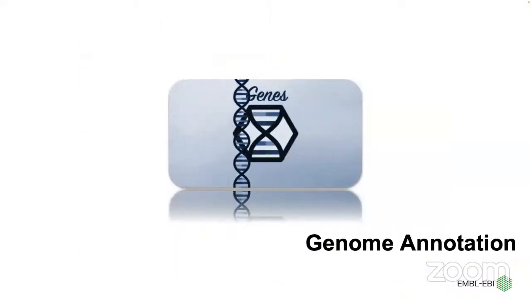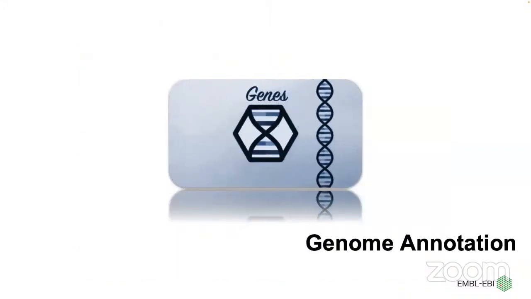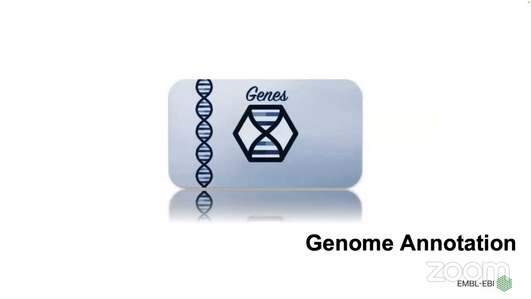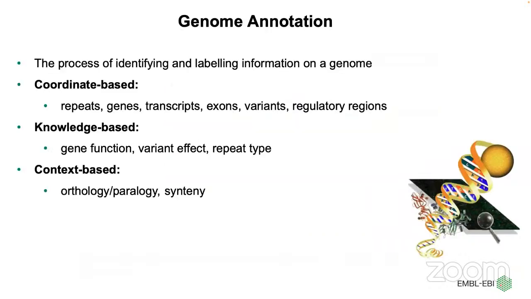So now let's get to the main topic of today, which is genome annotation. What is genome annotation? So in layman's language, the process of identifying and labeling information on a genome is termed genome annotation. It could be coordinate based, where you identify the different features on the genome, like repeats, genes, transcripts, exons, variants, and different regulatory regions.